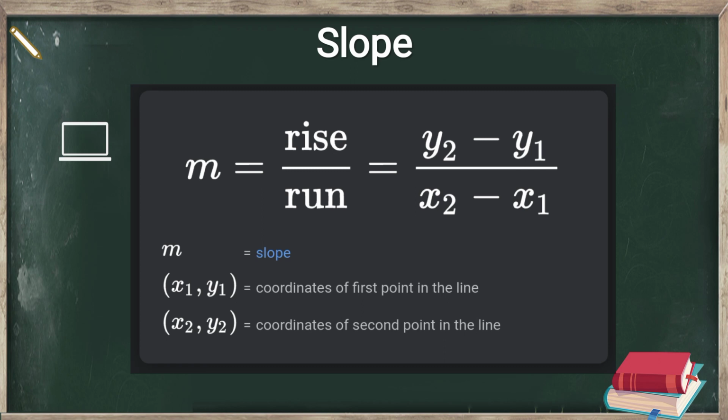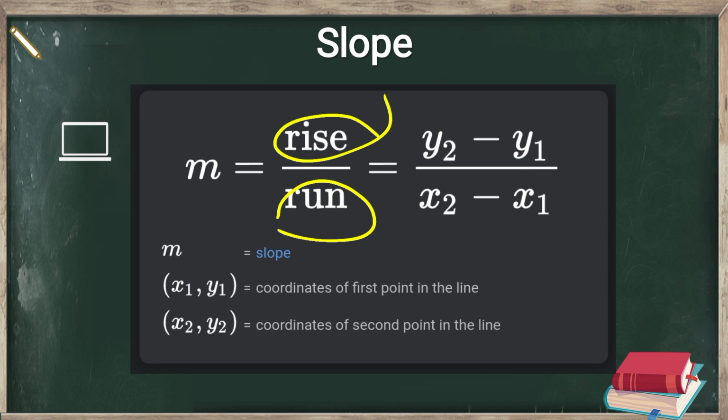So another thing is we can define slope by the ratio of rise and run. So ito yung tinatawag kanina na change in y and change in x. So kapag tinutukoy natin ang change in y, it refers to the rise. And if it is change in x, it refers to the run. So we have the difference.